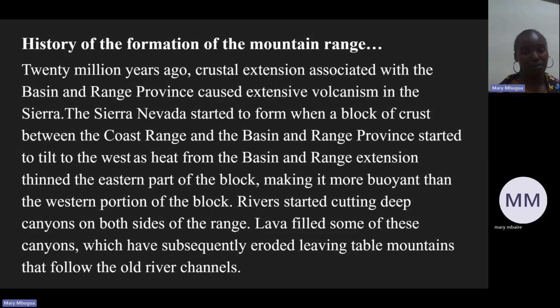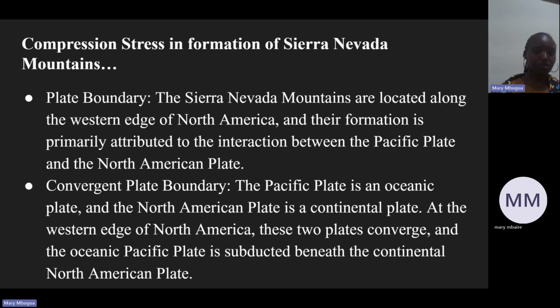The North American plate became buoyant over the Pacific plate, and it tended to slide over it, which resulted in the formation of these table mountains, and some river channels were also formed. So the predominant stress that contributed to the formation of this mountain range was compressive stress.